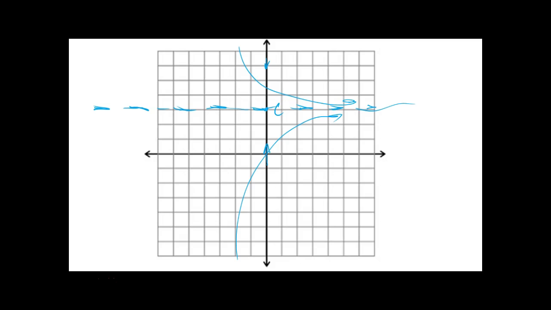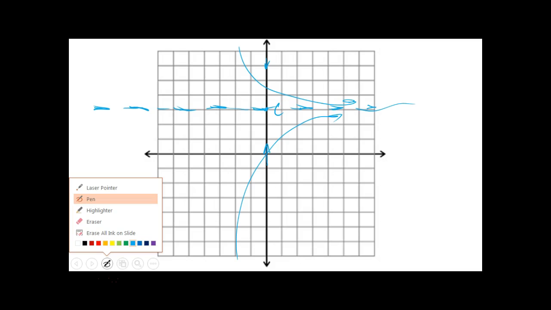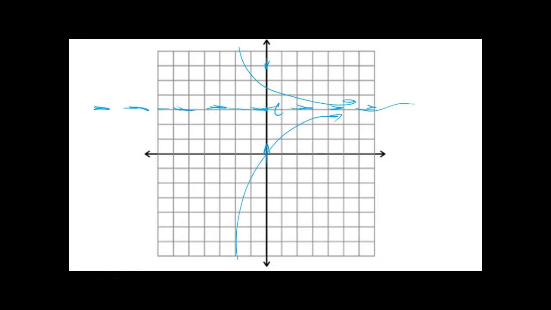Now, another possibility, let's go with a different color. You pick me a color. Purple. Okay, we'll go with purple. Let's say in the purple case, they're going away from C. Everything above C is an increasing function.